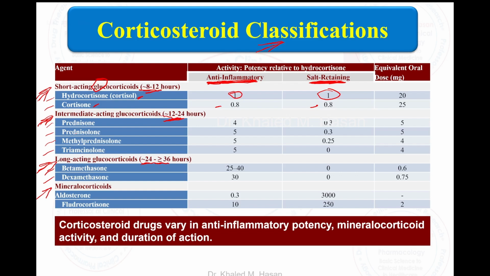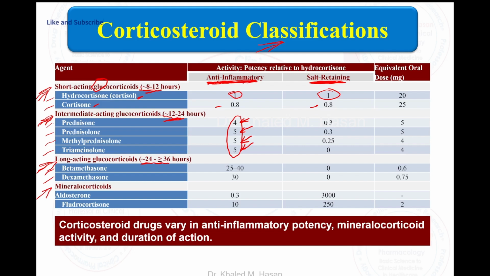For intermediate action, we have prednisone, prednisolone, methylprednisolone, and triamcinolone, very close to each other. Prednisone is 4 times more potent than cortisone as an anti-inflammatory, and prednisolone, methylprednisolone, and triamcinolone are 5 times more potent. So the intermediate group is 4 to 5 times more potent than cortisone.